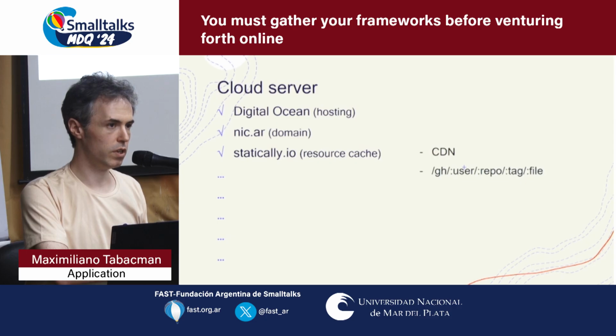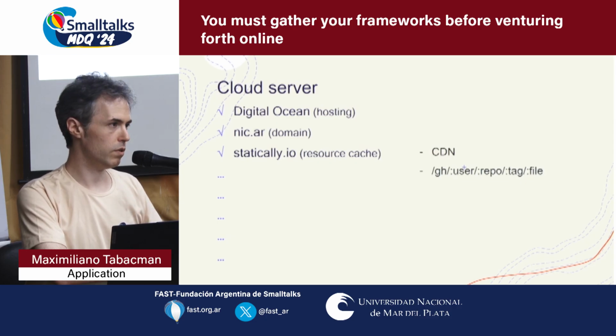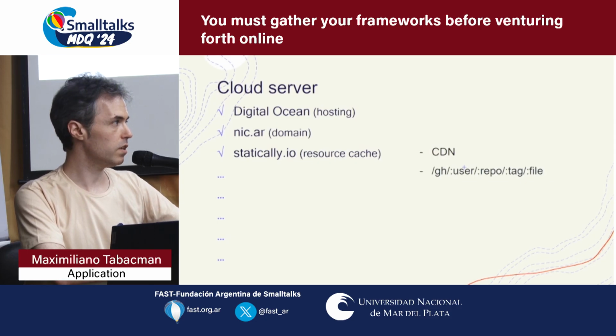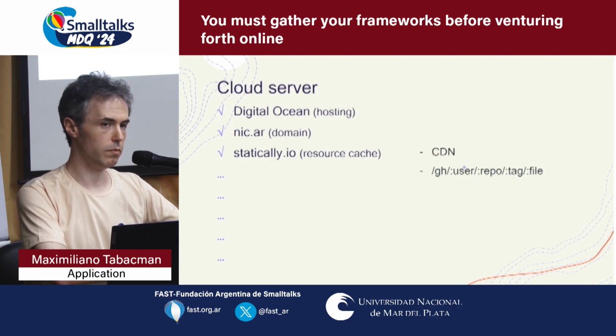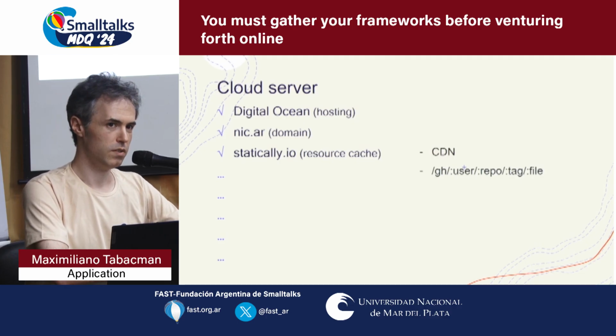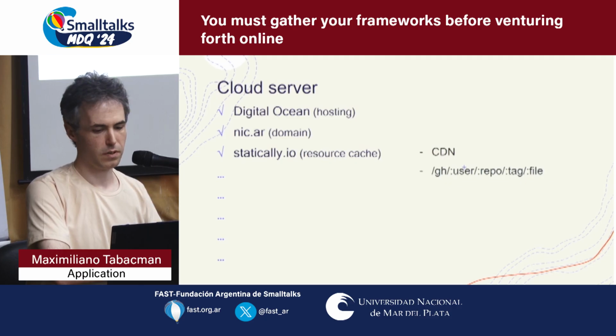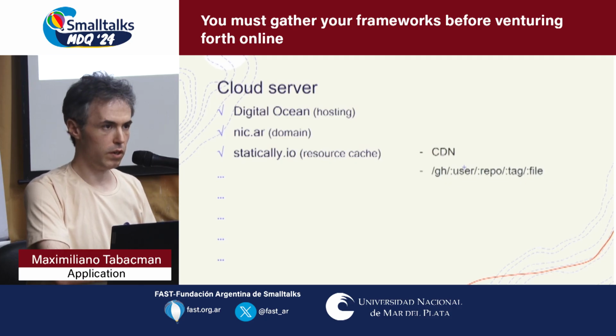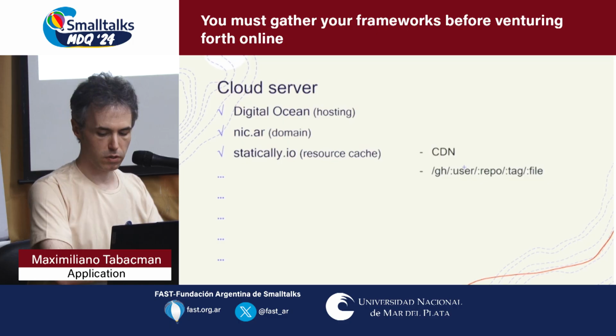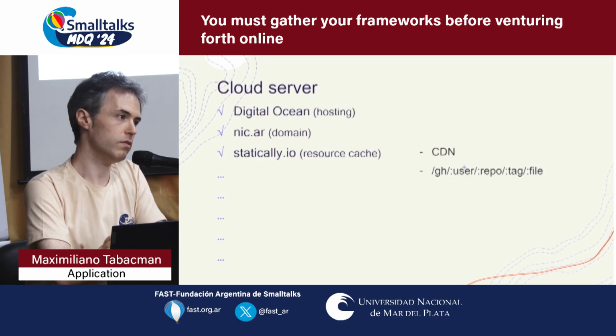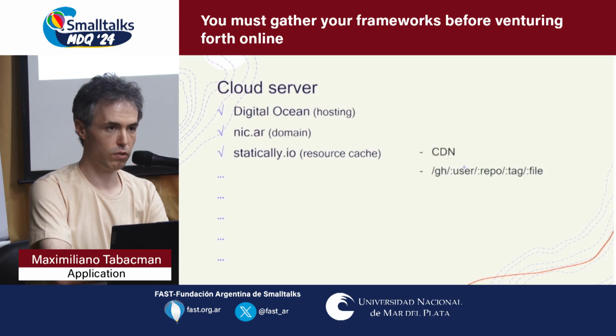It has support for GitHub and GitLab. So whatever you put on a GitHub or GitLab repo, you can use basically as a CDN for free. Okay, that's been really good because I don't have to worry about that part, which also CDNs tend to be an extra cost.